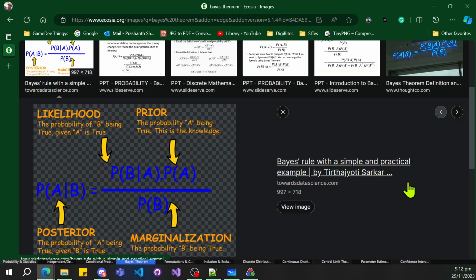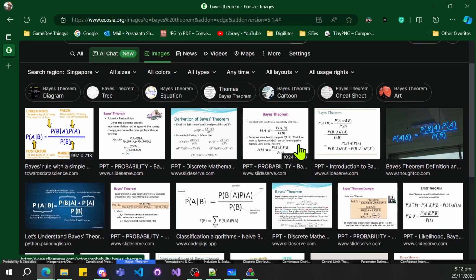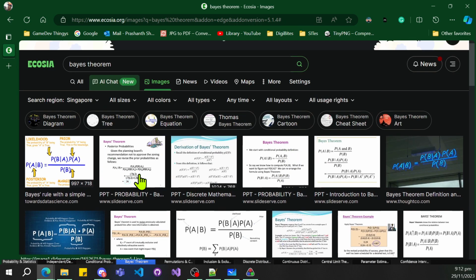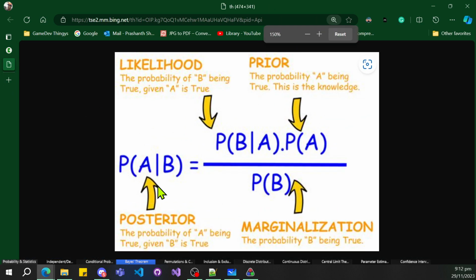This tends to be what you find. It's transparent. You get this thing. A given B equals B given A. A given B is B given A times P of A over P of B.